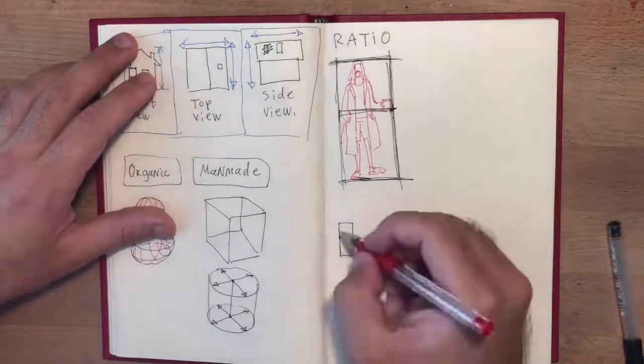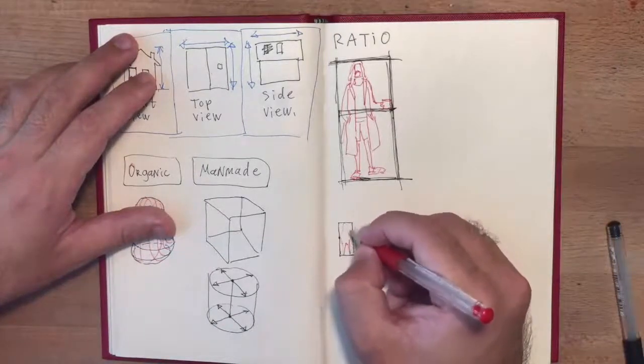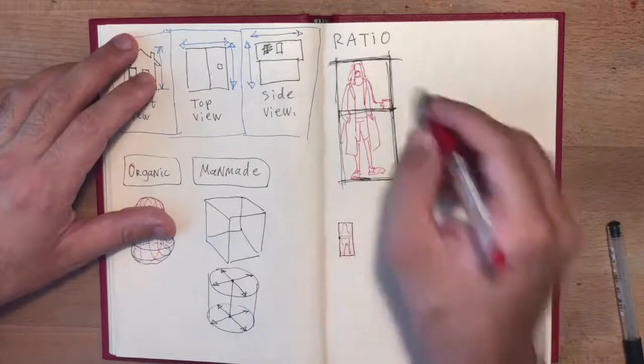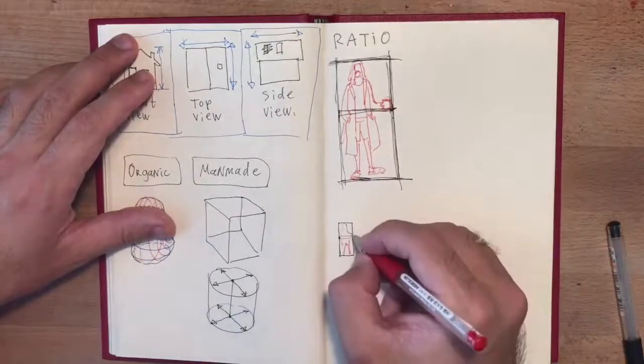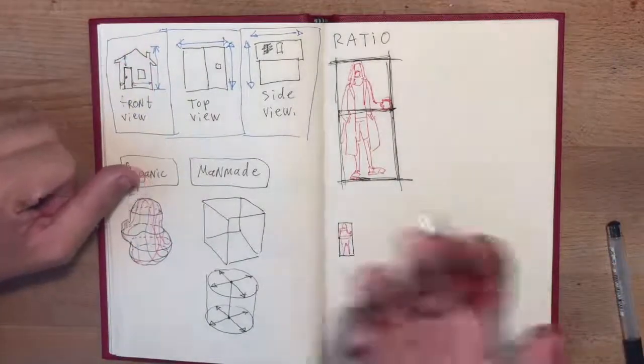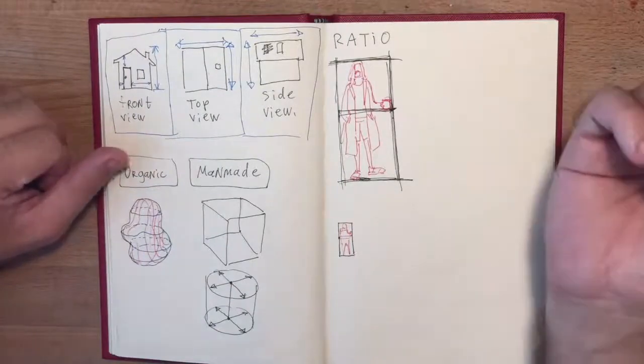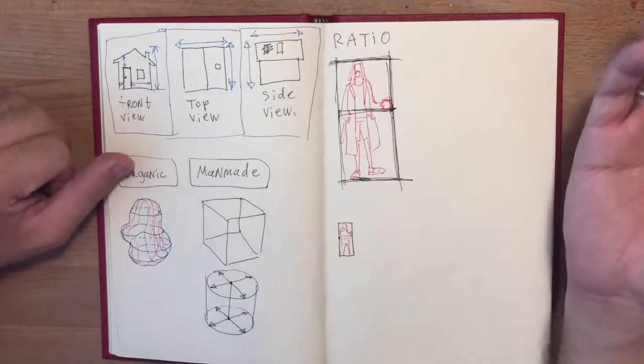So now I draw him here, and it's perfect, his cap here, exact in a corner. But that's not the reason why we need to know ratio. It's really important when we work with perspective.